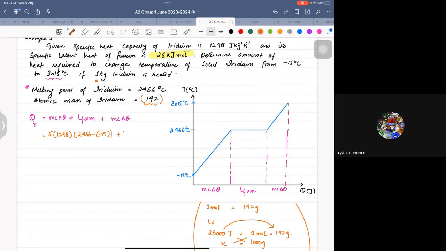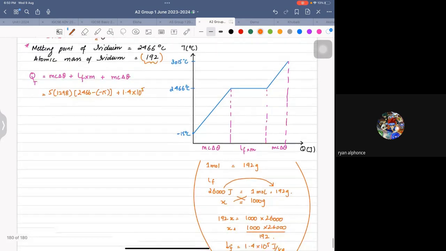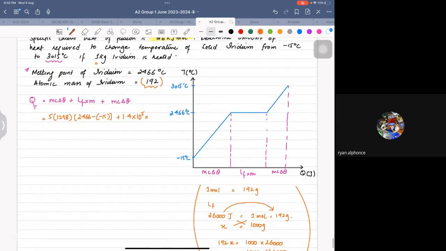Then latent heat of fusion, we just found out 1.4 times 10 raised to 5 times 5 kg, plus 5 kg times heat capacity, which is 1298, multiplied by the change in temperature, which is from 3015 minus 2466.